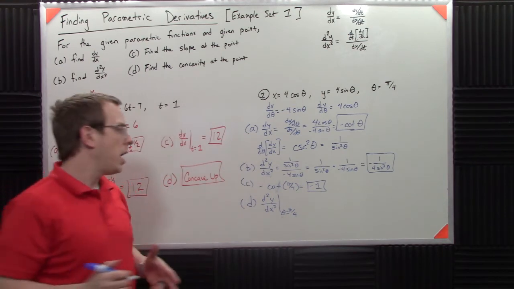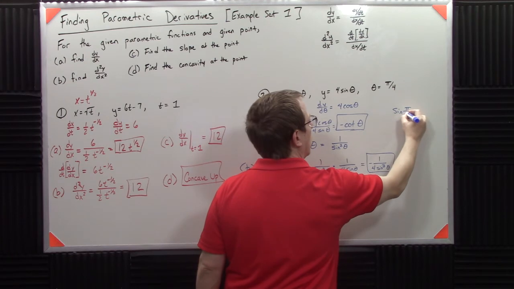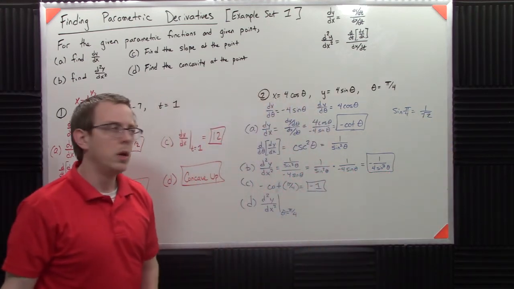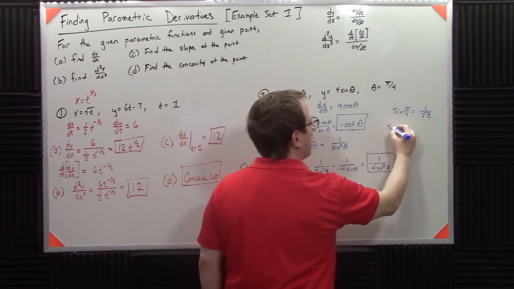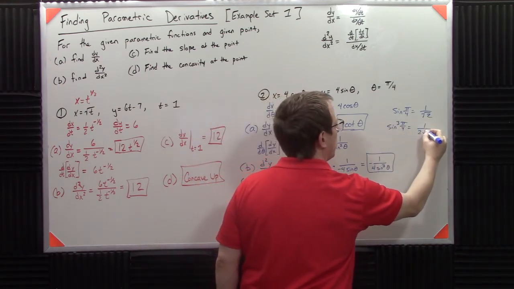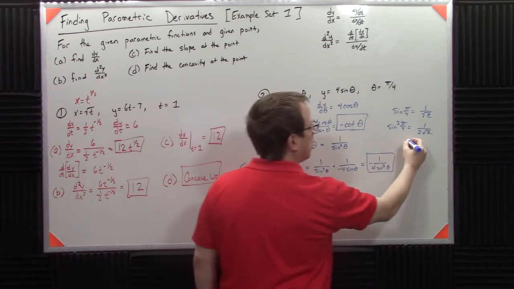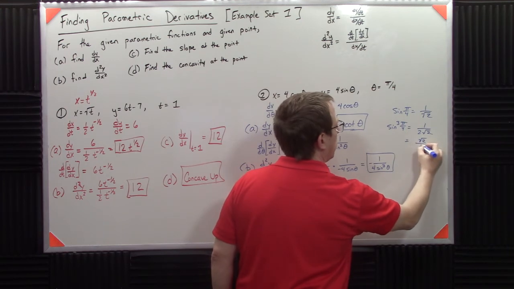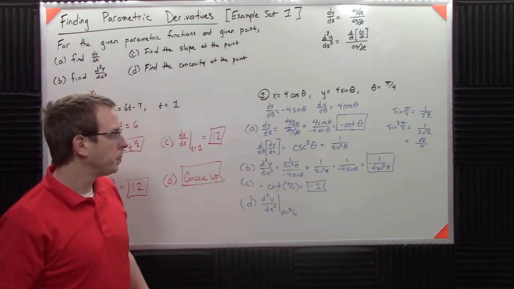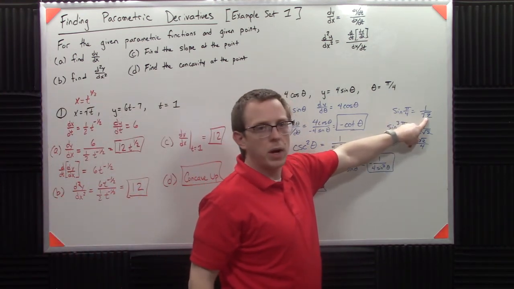Now, sine of pi over 4 is 1 over square root of 2. So sine cubed of pi over 4 is 1 over 2 square root of 2. Another way to write this is square root of 2 over 4. Hopefully that makes a little bit of sense, because this is like 2 to the 1/2.